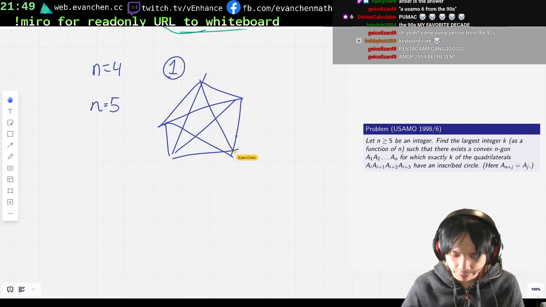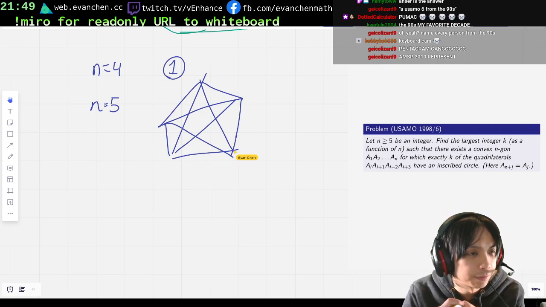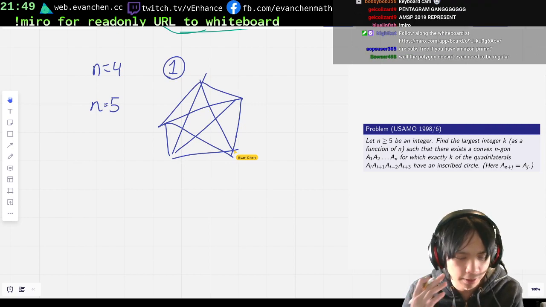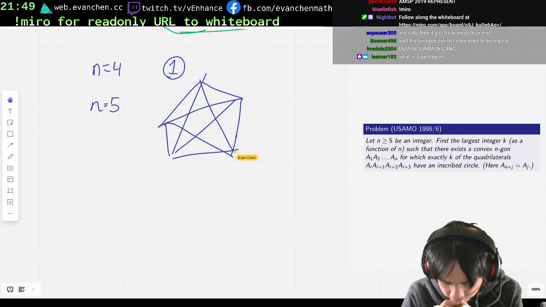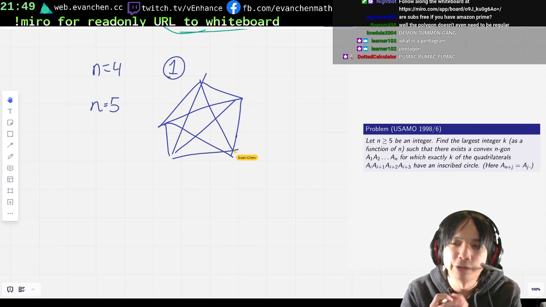So a quadrilateral, by Pitot's theorem, is circumscribed if and only if the opposite sides add to the same thing. So here I have 10 blue segments drawn.